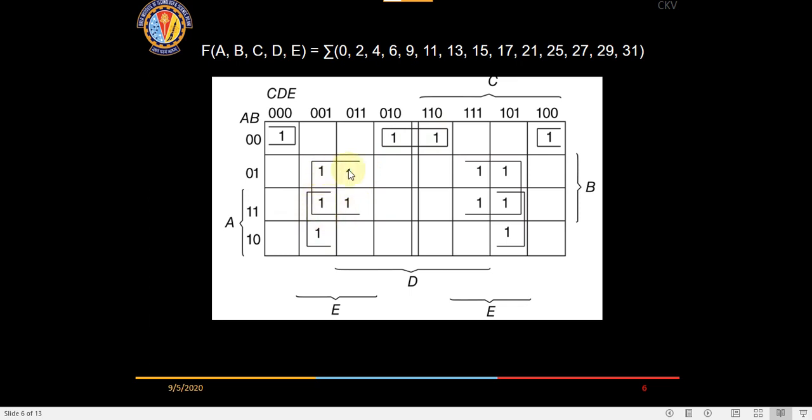If you see for these 4 and these 4, A is changing, so it will be B, and here C. No, D. D is common, right? D is not changing, so it becomes BD, right?